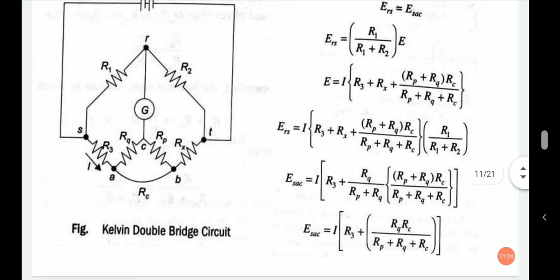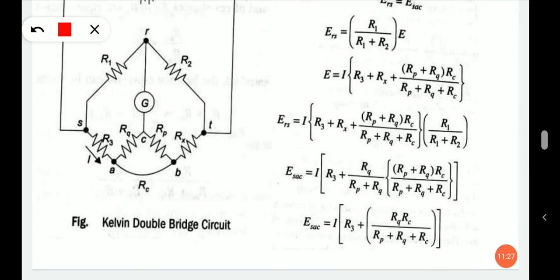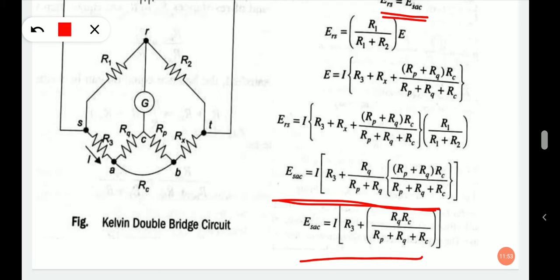Then ESAC equals ERS, which is nothing but ESAC. So in this equation the value of Rx is substituted, and finally we can write ESAC equals I in bracket R3 plus in bracket Rq Rc upon Rp plus Rq plus Rc.